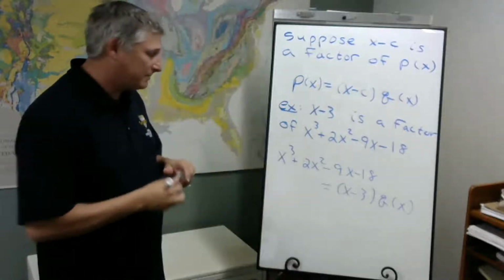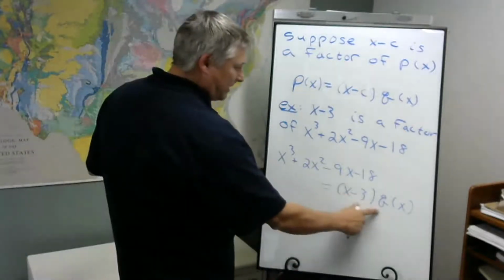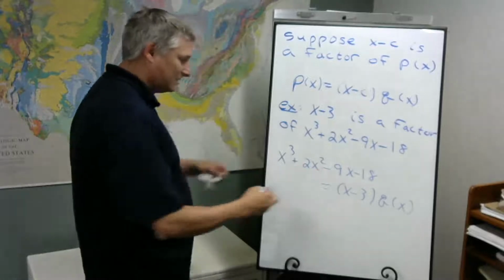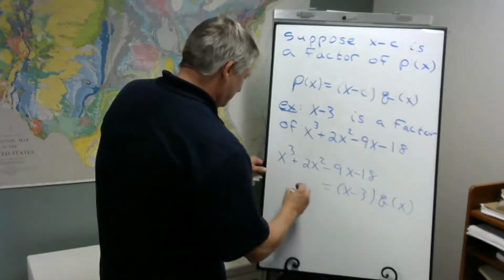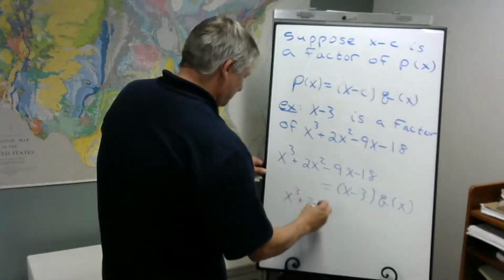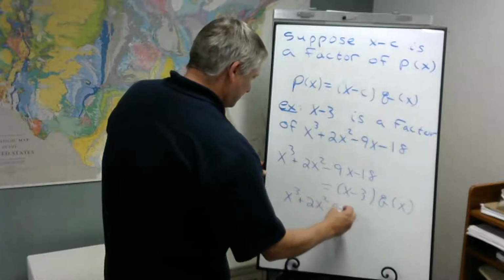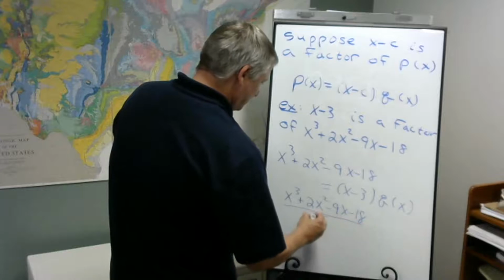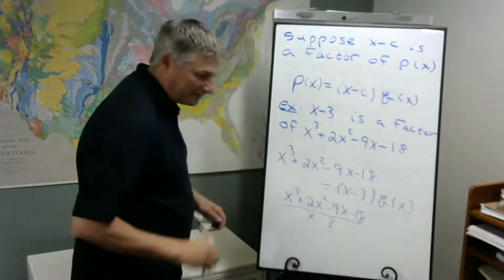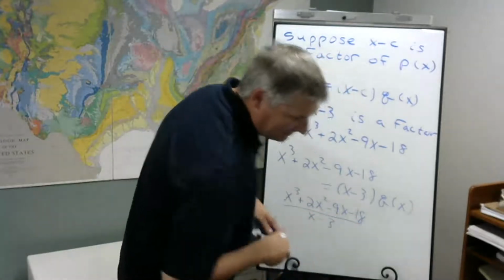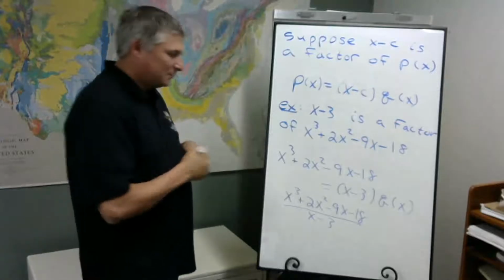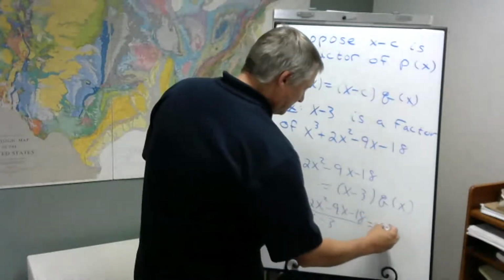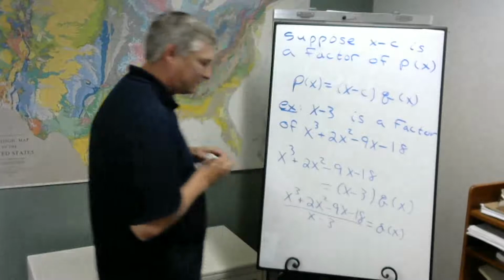The way we can do that is to divide both sides by x minus 3, and we'll get that. So this will give us our q of x.